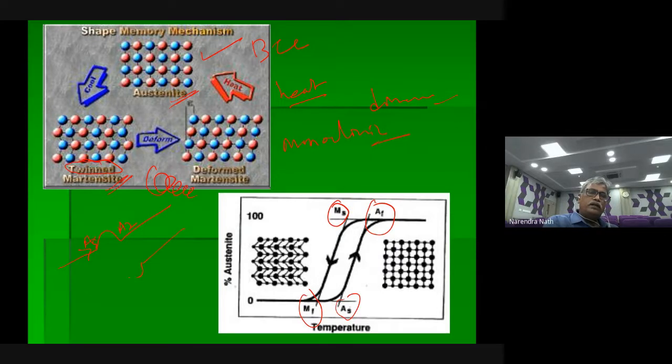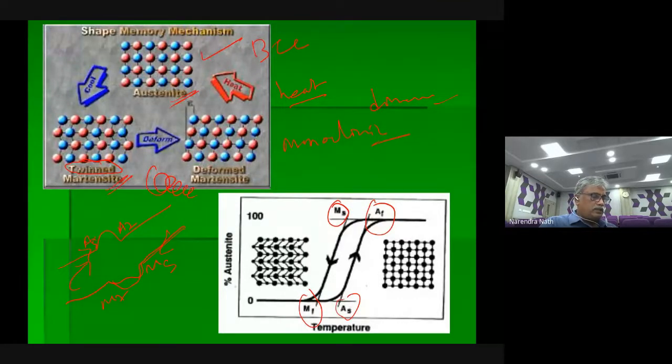When I am cooling like this, martensite starts, from austenite finish to martensite start. Then martensite finish. So again it reverses. This way people are finding out. Again it is temperature dependent, and it depends on what applications you are going to look into.